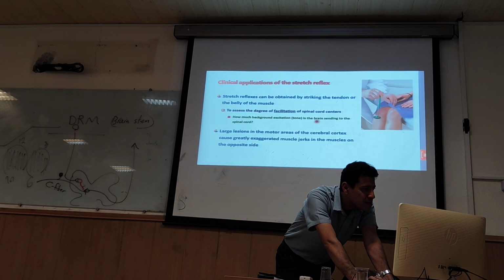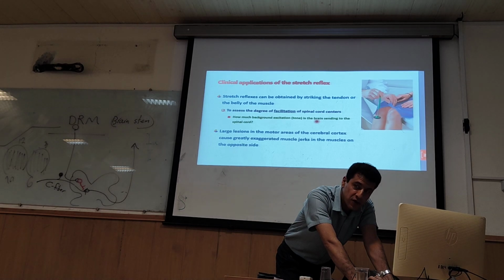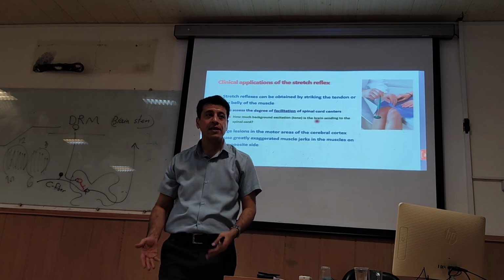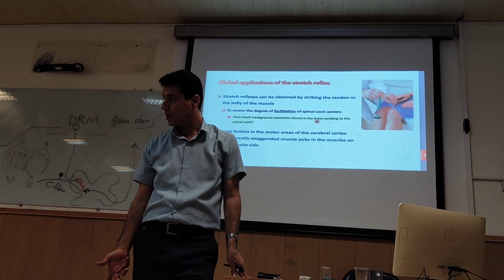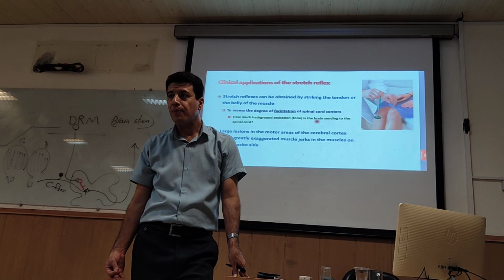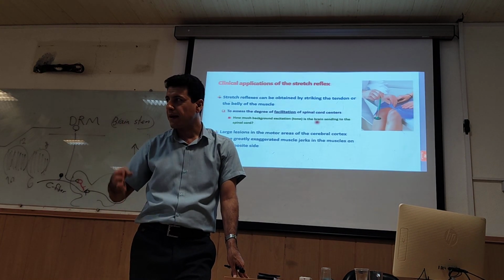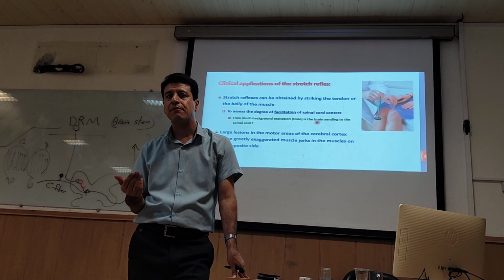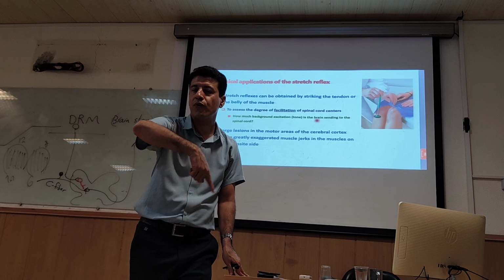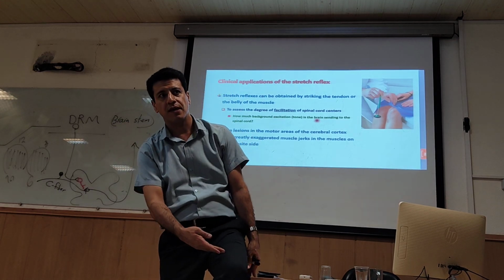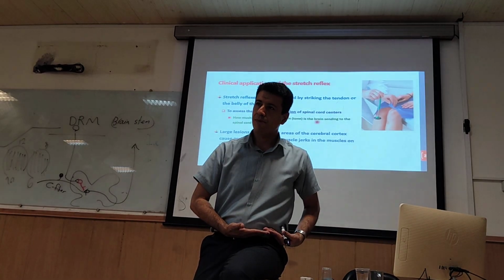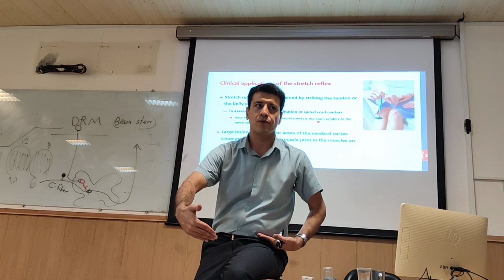Okay. So this is the clinical application of the stretch reflex. I talked about this. If you have a hyperactive reflex, it infers a problem in descending pathways. If you don't have the reflex, it means there is a problem with the reflex arc: muscle spindle, 1A and 2 fibers, segment of the spinal cord, alpha motor neurons.